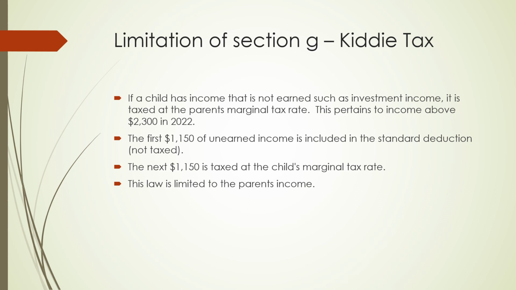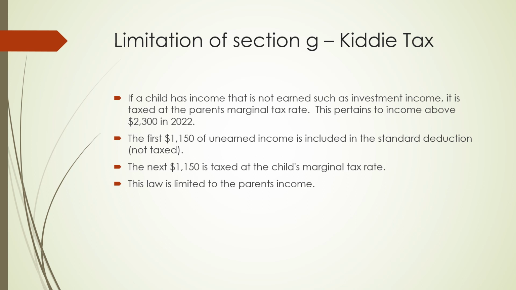The limitation of this law is that if a child has income that is not earned, such as investment income, aka like a gift, then it is taxed at the parent's marginal tax rate. This pertains to income above $2,300 in 2022. So anything above that is going to be taxed at the parent's rate, which means it is limited by the parent's income.